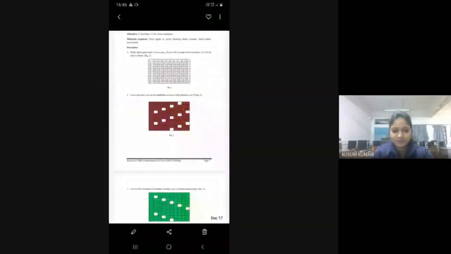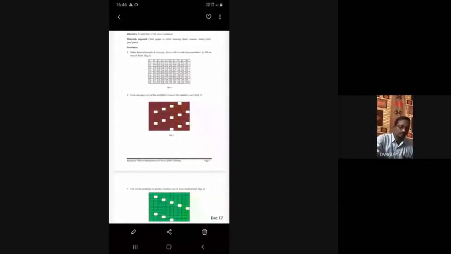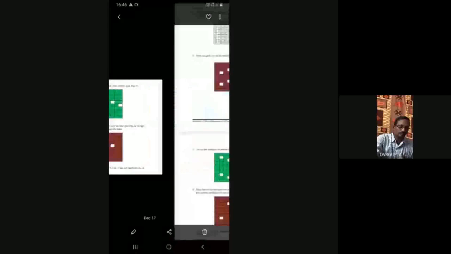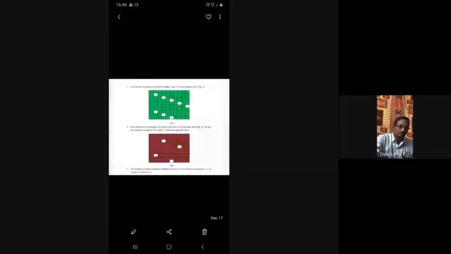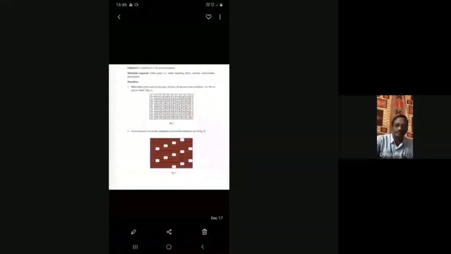The activity is to find the LCM of two numbers 8 and 12.